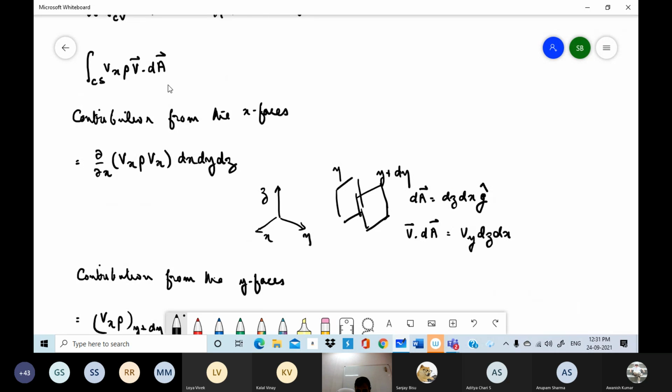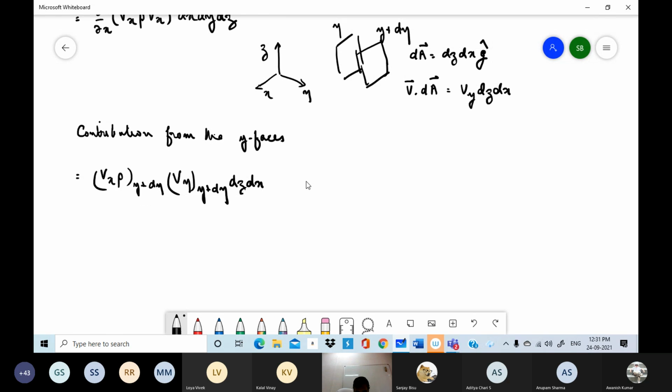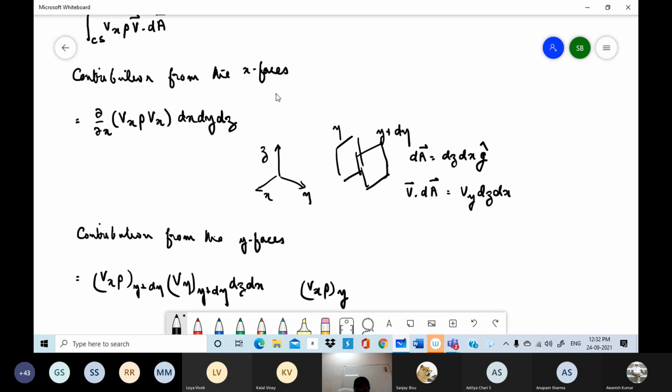When I consider the contribution from the face at y, Vx rho will have to be evaluated at y. And v dot dA, now dA over here on this side, dA is equal to minus dz dx into j.